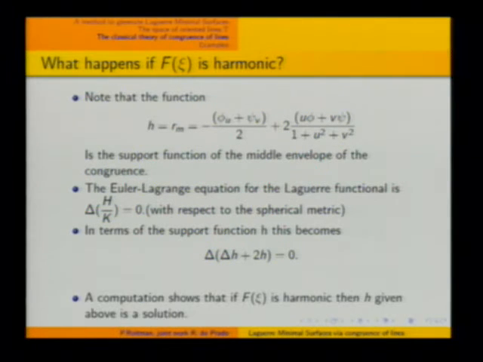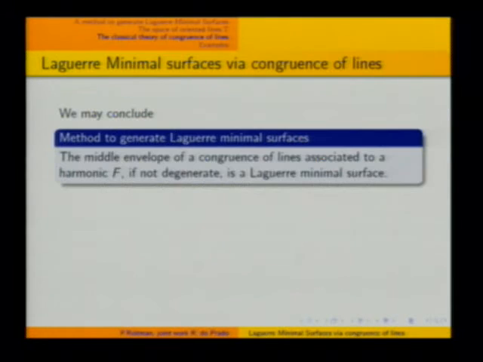If you compute, if you take f harmonic, then h is always a solution of this equation. So if you start with f harmonic instead of holomorphic, by the same process you generate Laguerre minimal surfaces. And that's it.